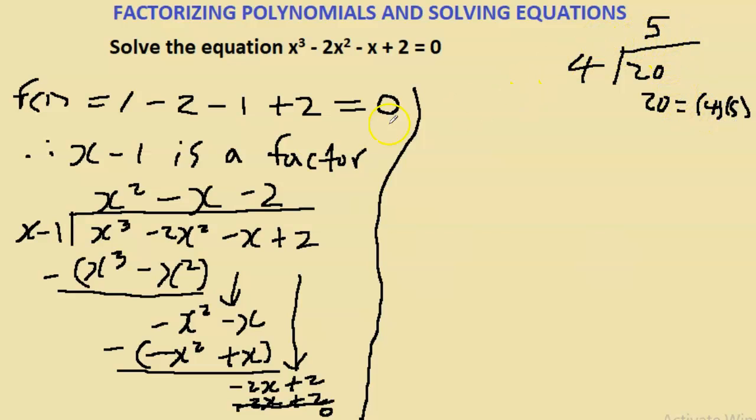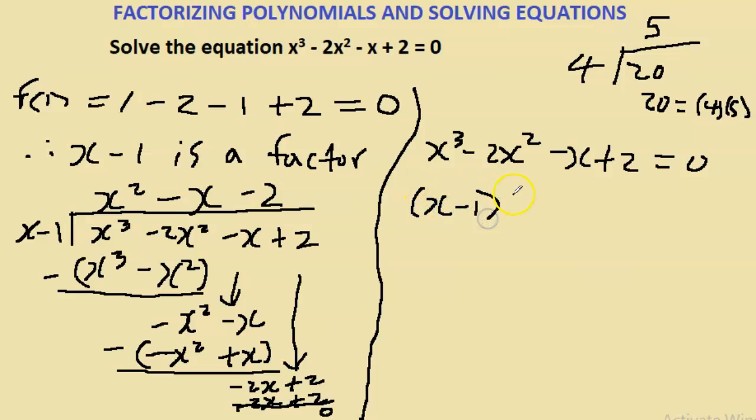So in the same way, if we say x minus 1 into this gives us this, it means that the x cubed minus 2x squared minus x plus 2 can be written as x minus 1 times x squared minus x minus 2.